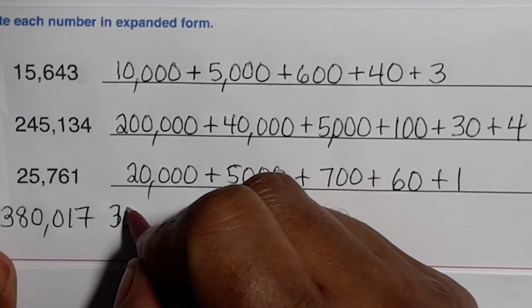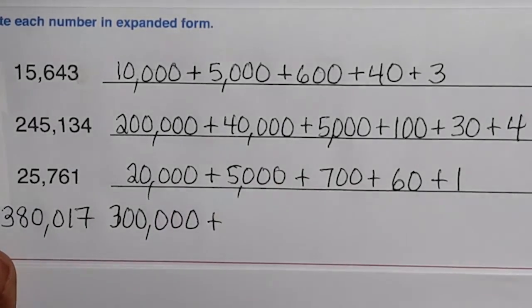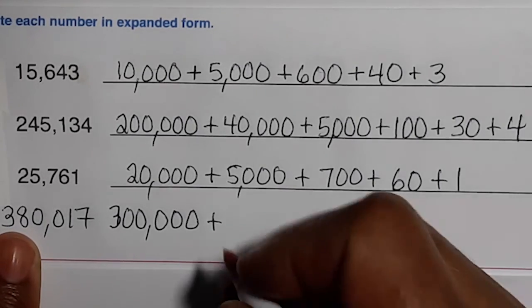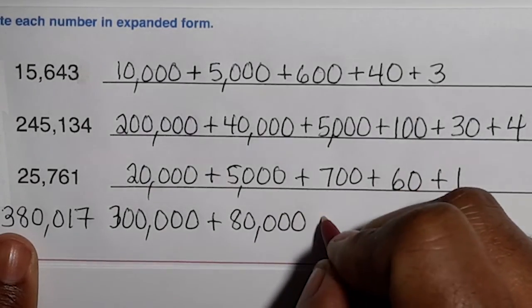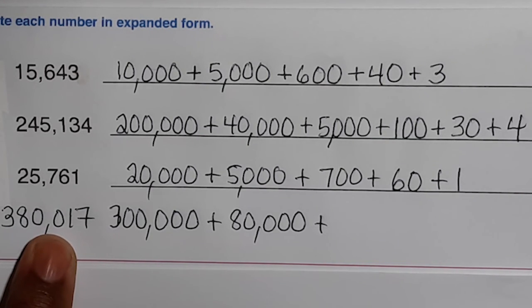300,000 plus the 8 is in the 10,000s position. So we would write 80,000. All right. The thousands position is 0, so we don't have to write anything. Or if you want to help you out, you could, but it's not necessary. And then we have a 0 in the hundreds place.